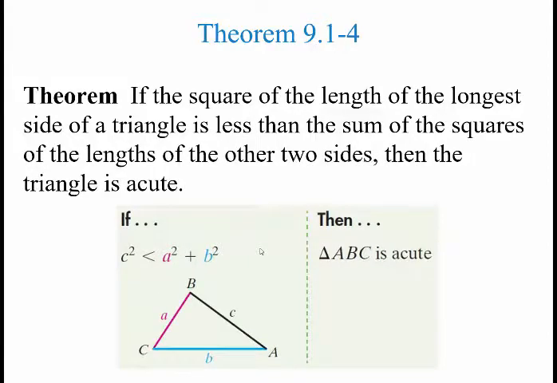And then you can see the flip side here. If the square of the length of the longest side of the triangle is less than the sum of the squares of the lengths of the other two sides, then it's an acute triangle. So if this is still its longest side, if c squared is less than a squared plus b squared, then triangle ABC here is an acute triangle.